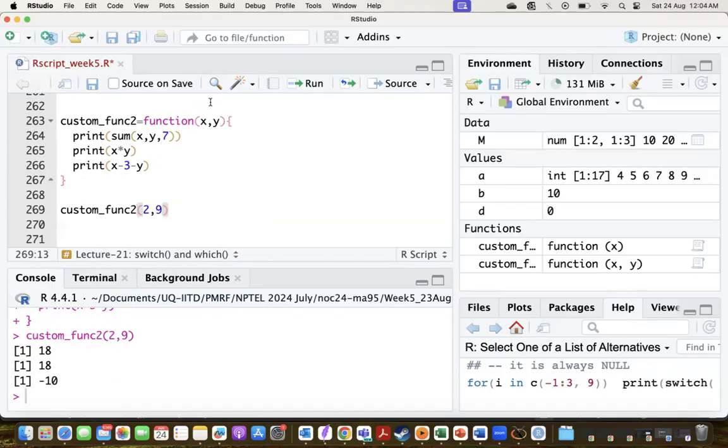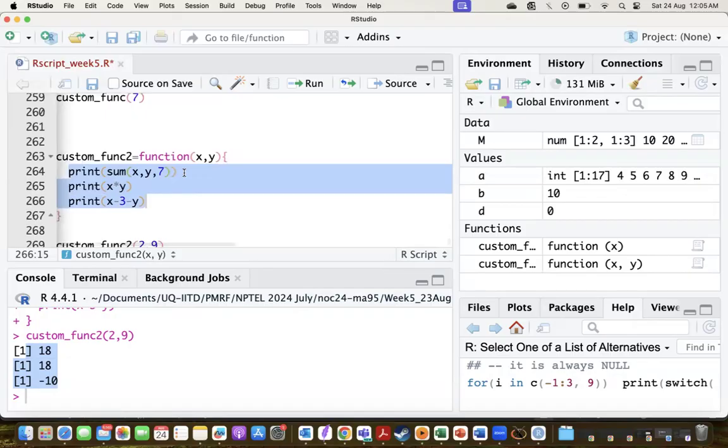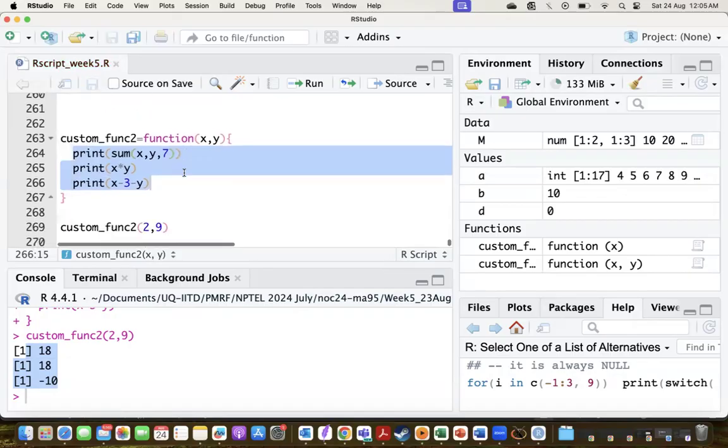So 2 is going to be called x, 9 is going to be called y. Then I execute each of them considering x is 2 and y is 9, and I get the respective outputs. Again, I'll ask the TAs to remove that question because it was not taught in this week. But functions are pretty simple, so you can still try to attempt the question. It's no harm. I think functions would be explained in the next week's lectures anyway. It's just because we had a little time before this class ends. But we'll discuss this in more detail when it actually comes.